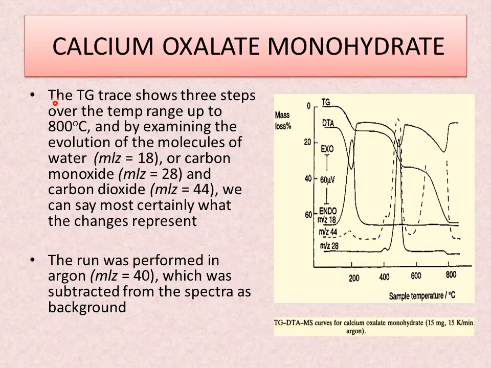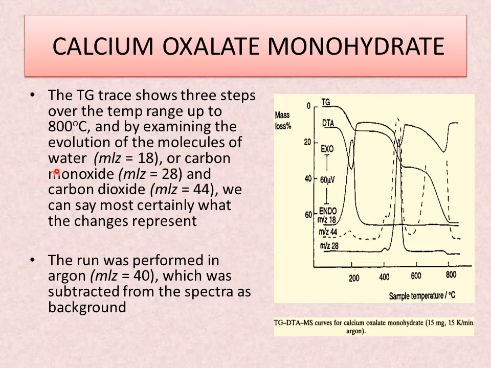The thermogravimetric trace shows 3 steps over the temperature range up to 800 degrees centigrade. We can see the temperature going towards 800 degrees centigrade, and there are 3 steps: this is the first step, then the second, and here is the third step. By examining the evolution of molecules, what could be the vapors or gases which may be evolved during these 3 steps?